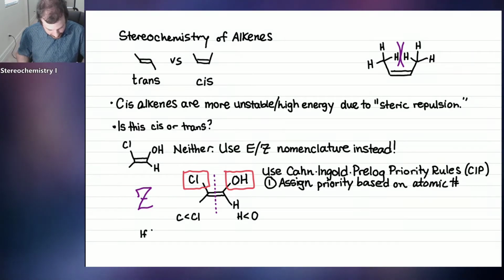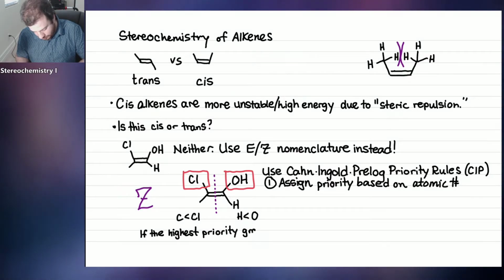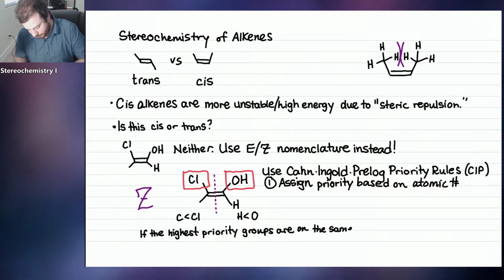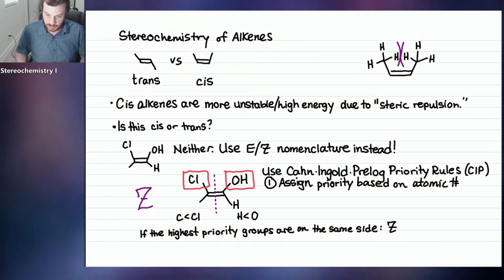If the highest priority groups are on the same side, this is called Z for zusammen.